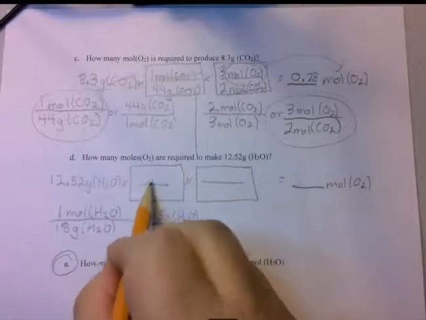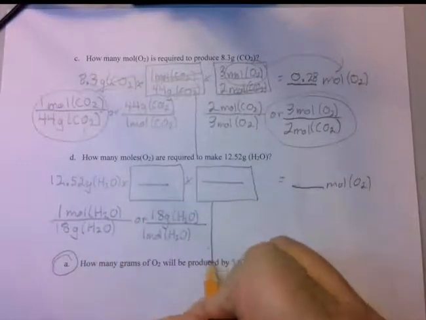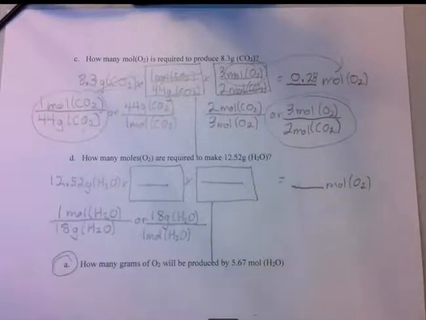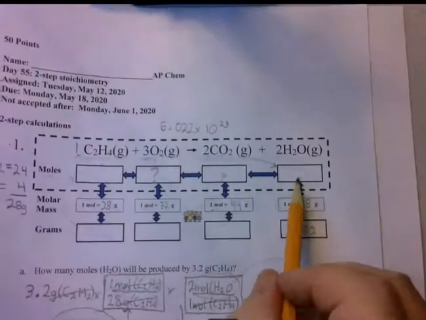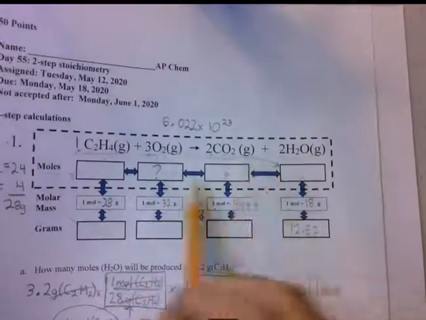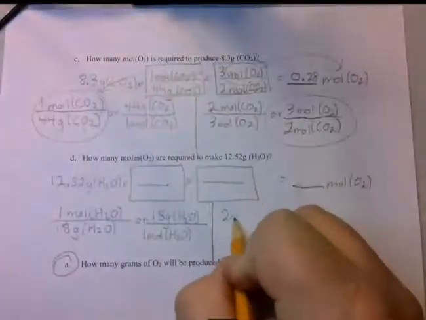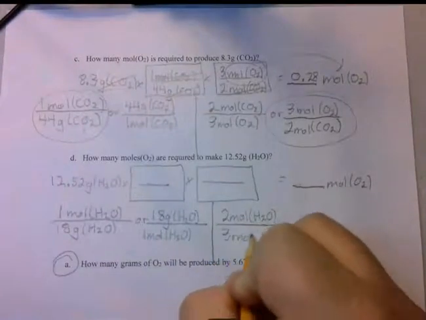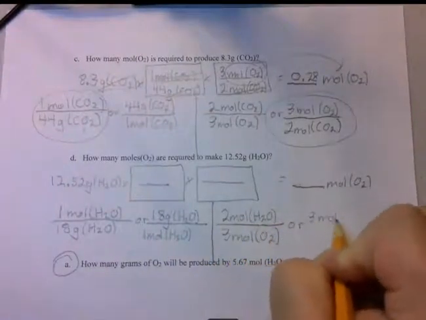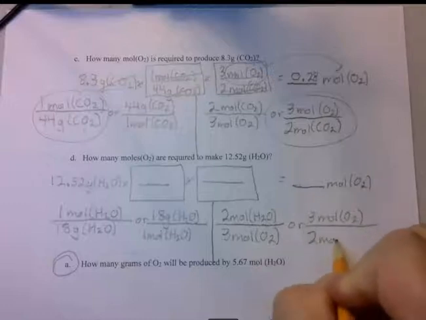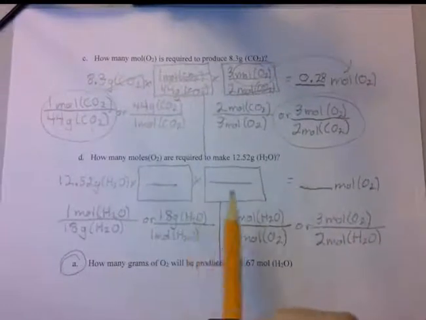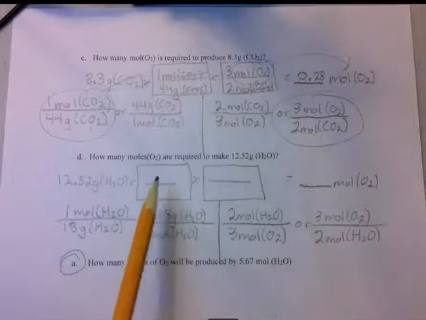Okay, and one of these two is going to go there. And now I'm sitting in this box right here. I need to convert to here. So it's 2 moles of H2O equals 3 moles of O2. Okay, so which one do I pick? Which one of these goes in there?